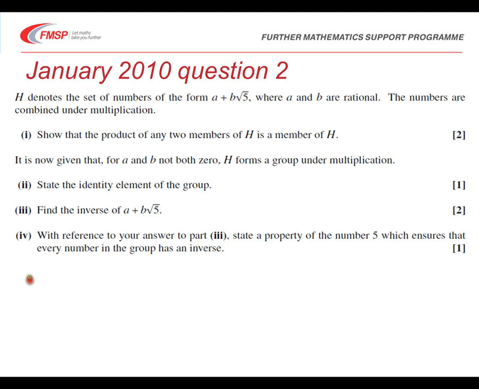So part 1. Show the product of any two members of H is a member of H. So if I take any two members, I could have a plus b root 5, and I could have another one with another two rational numbers, c plus d root 5, and I'm multiplying them, it's the product.